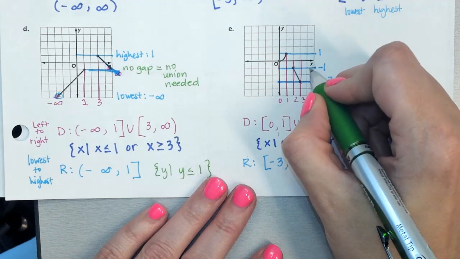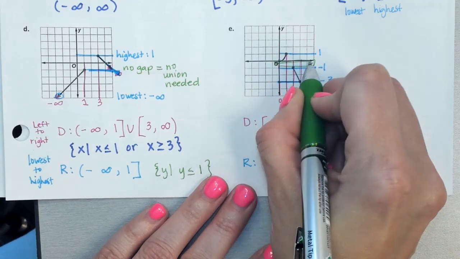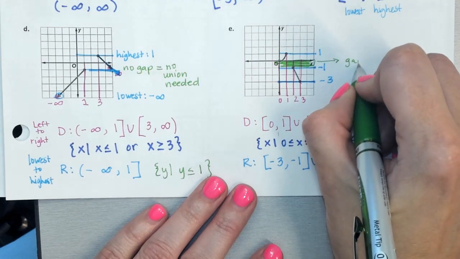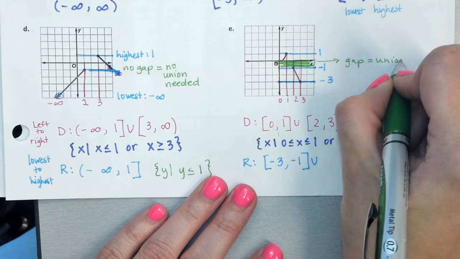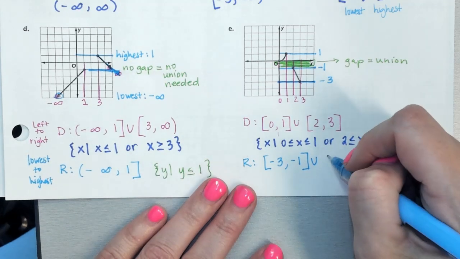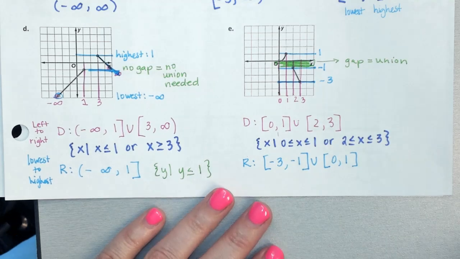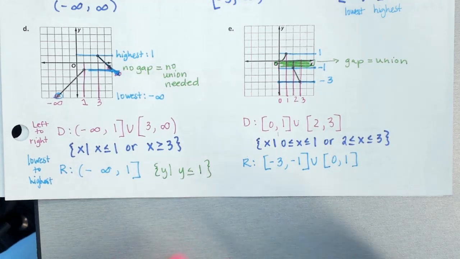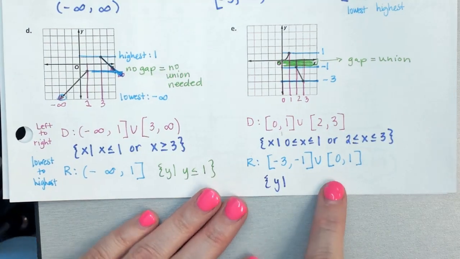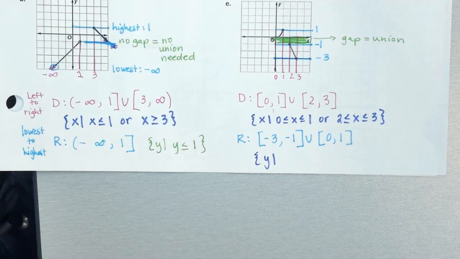Okay, and then if you have a gap, which when I say gap, I mean there's nothing here, right? So if there's a gap, you need to use a union. And then that will go from 0 to 1. Okay, so if you weren't able to get that, that's okay. I want you to try to do those two from there.